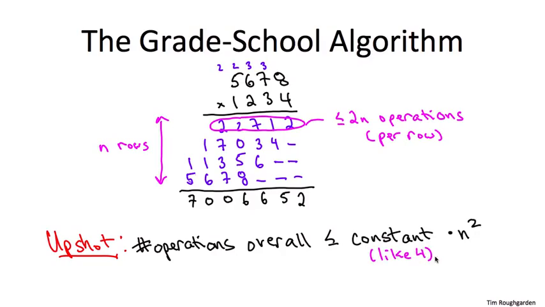That is, it's quadratic in the input length n. For example, if you double the size of the input, if you double the number of digits in each of the two integers that you're given, then the number of operations you will have to perform using this algorithm has to go up by a factor of 4. Similarly, if you quadruple the input length, the number of operations is going to go up by a factor of 16, and so on.